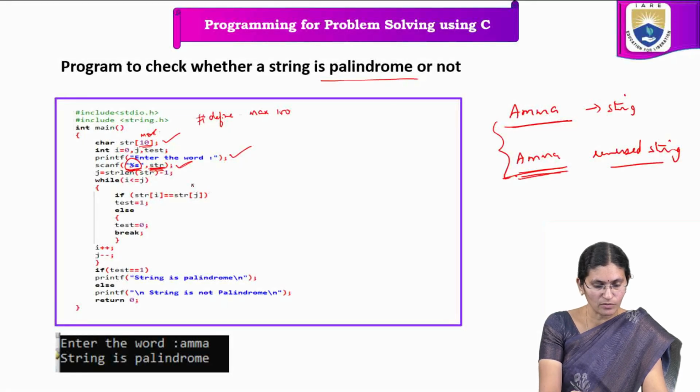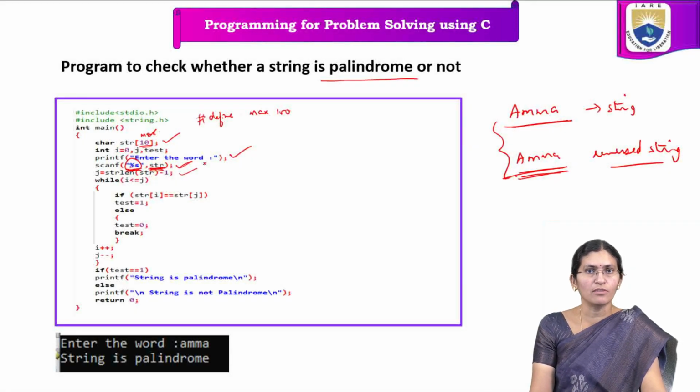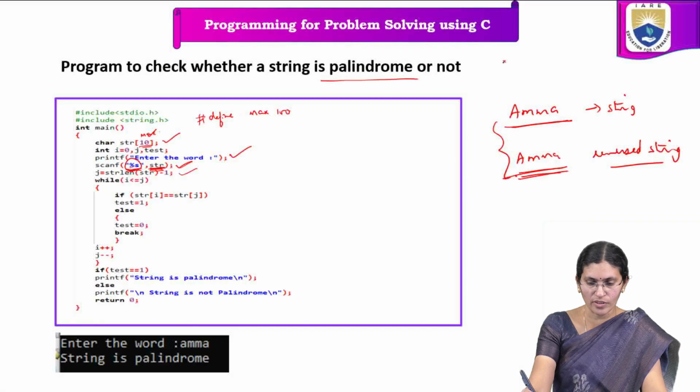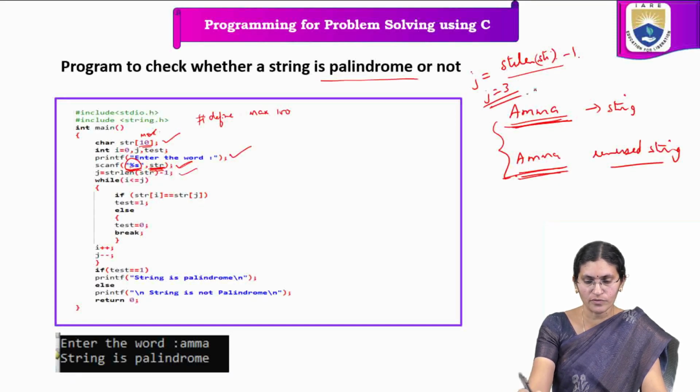j is equal to, in order to compute the length of the string, we have the function strlen, and it will take the corresponding string as the parameter. Suppose the length of the string here is equal to 4. So j is equal to length minus 1, that is, j is initialized to a value of 3.